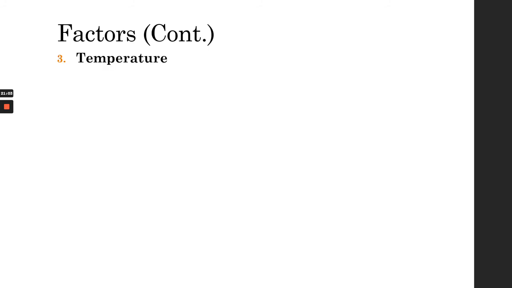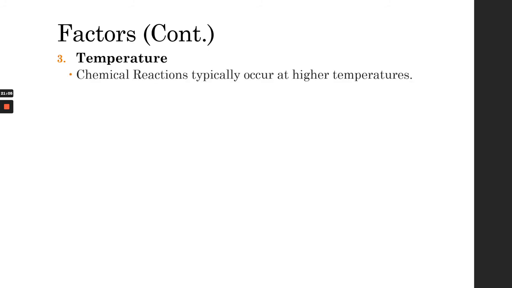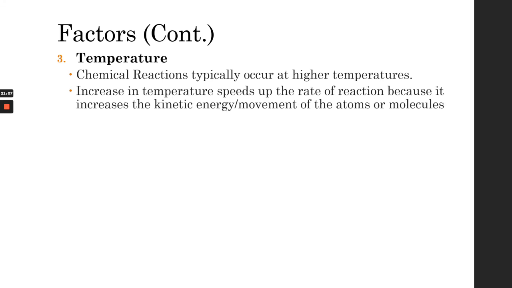Now let's talk about temperature. Temperature is easy to understand because chemical reactions typically occur faster at higher temperature. The main reason is that, again, atomic reaction is basically bumping of atoms, and that is related to their kinetic movement. So the faster the atoms move, the higher the probability of them bumping, and the stronger the bump.